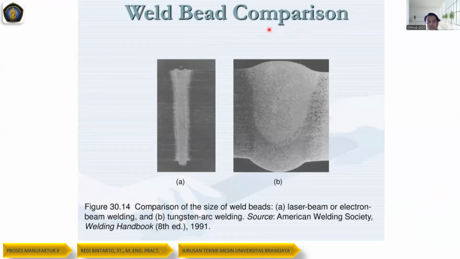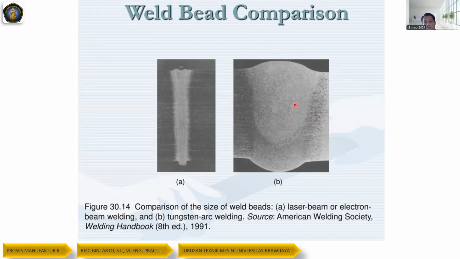So this is the comparison between two kinds of weld. The A is laser beam, electron beam welding. The B is tungsten arc welding. Which one is good depends on the test, maybe tensile strength, bending strength, tensile test, bending test, or maybe another kind of test.